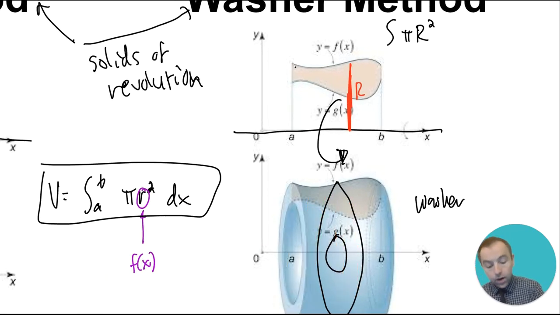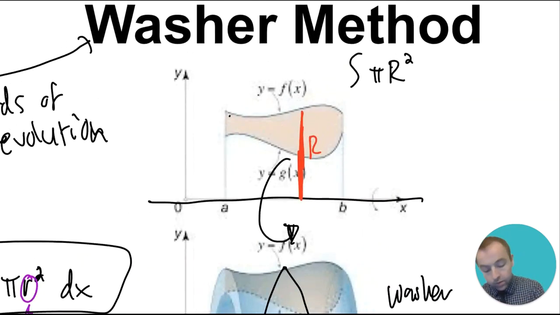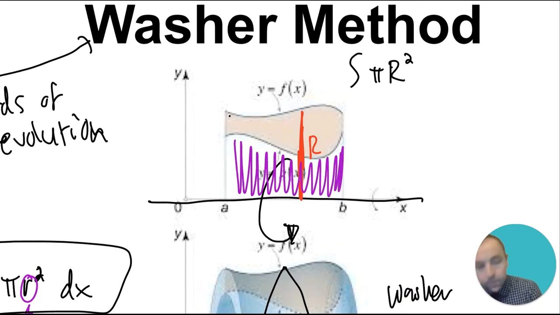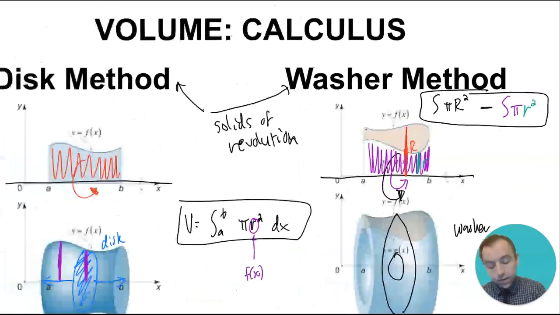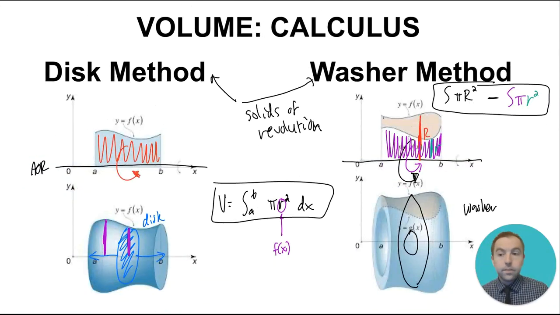So if you want to create empty space, you've got to subtract away some inner volume. If you took this area right here, where that gap is, and revolved it, you could find that by doing pi times a different radius. You could call this little r, for a smaller radius, little r squared. Then subtract away that integral, and that's what you have right there. So it's really just finding the full volume minus the inner volume, the inside of it, and that's ultimately how the washer method works.